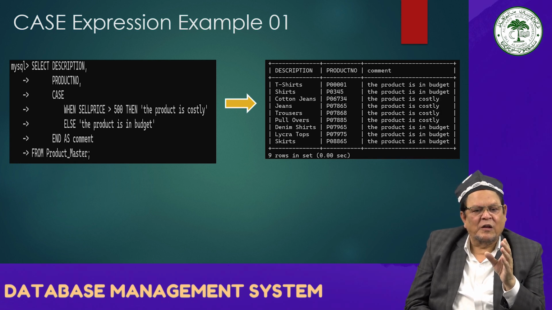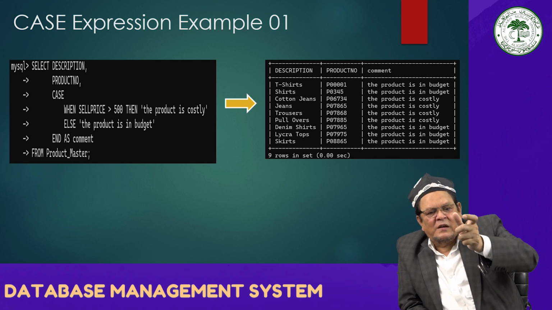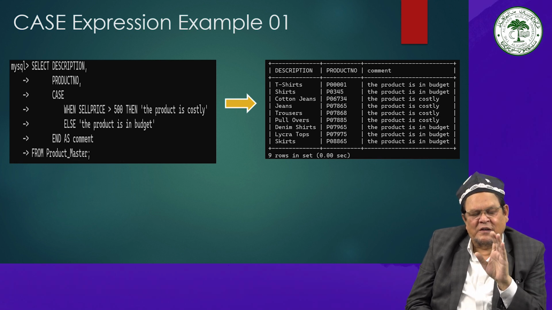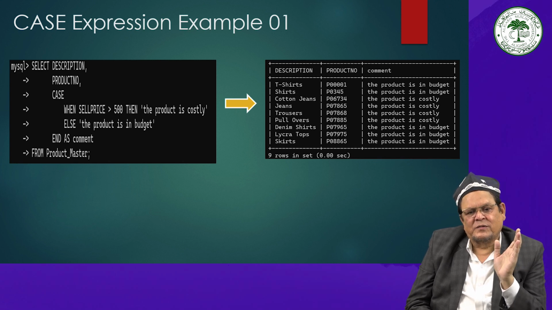If the sale price is greater than 500, it will display that the product is costly; otherwise it shows the product is in budget. Then END as comment, from product master.